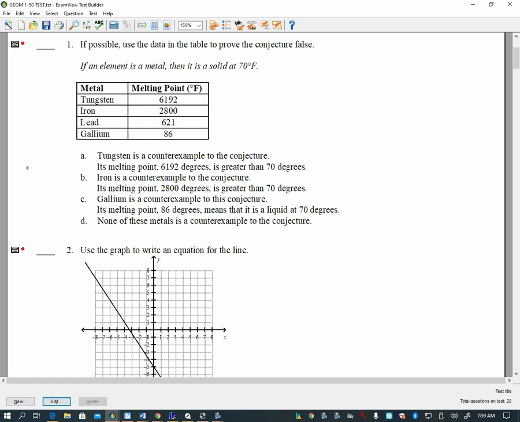So what are the rules of counterexamples? Can anybody tell me what rule number 1 is? It has to be true to the hypothesis. And then what? Has to prove the hypothesis true.